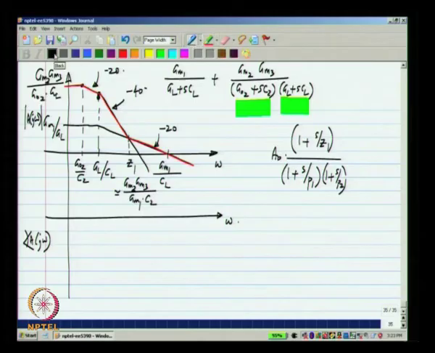Now, what happens to the phase plot? First of all, at low frequencies, as usual, we have a positive real number. So, the phase shift will be 0. That is at some very low frequency, let us say somewhere over here. Now, at the first pole Go2 by C2, we see that it will have a phase shift of 45, and then it goes off to minus 90, that is the contribution of the first pole.